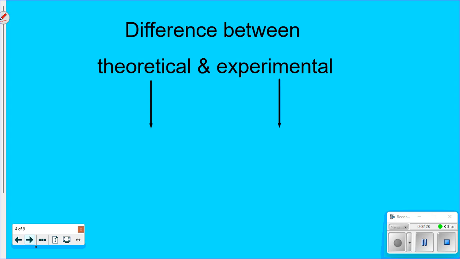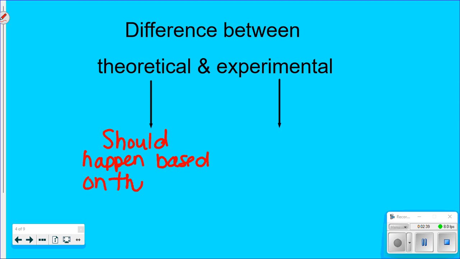So the difference between theoretical and experimental. Theoretical is what should happen based on the information given. Experimental is when you run an experiment and what occurred in that experiment.